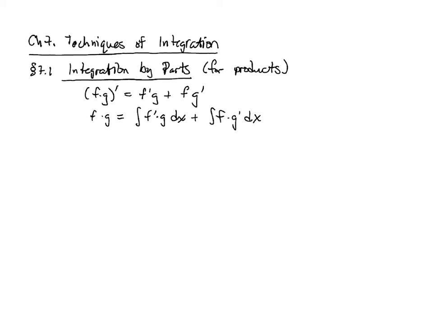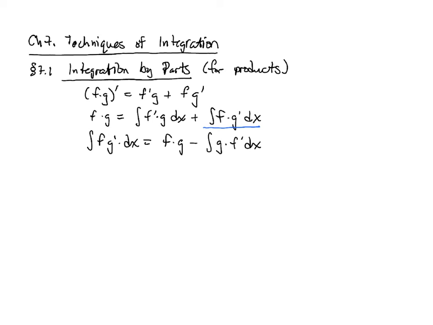So for instance, I can rewrite that as the integral of fg prime dx equals f times g minus the integral of g times f prime dx. So that's just solving for this term. Now, this is actually the formula for integration by parts. It may not look the same as the one you're used to if you've seen this before.